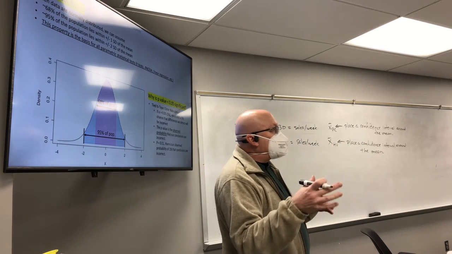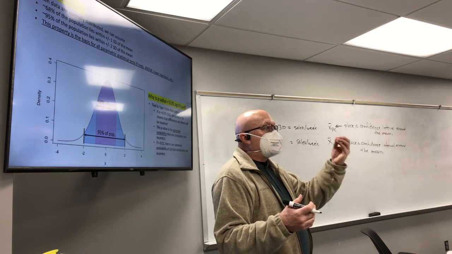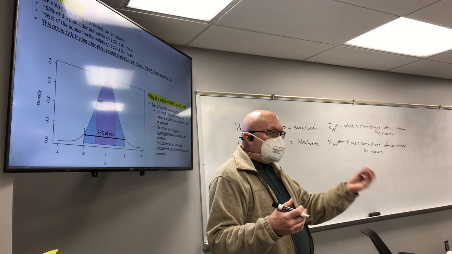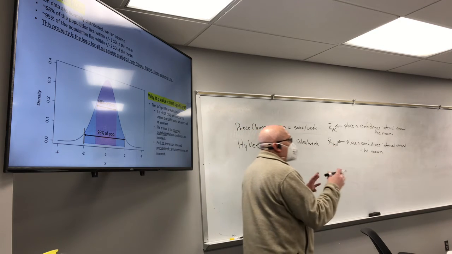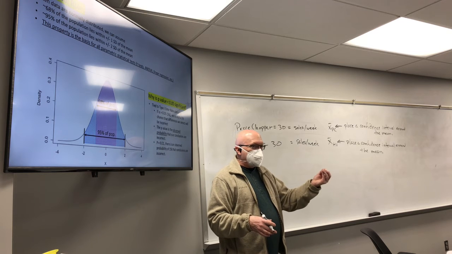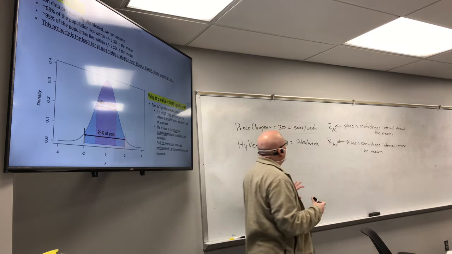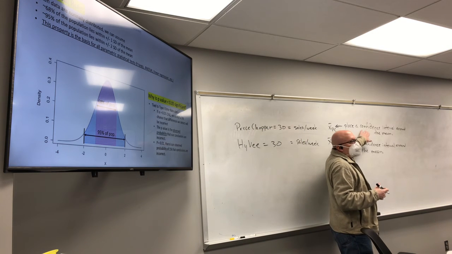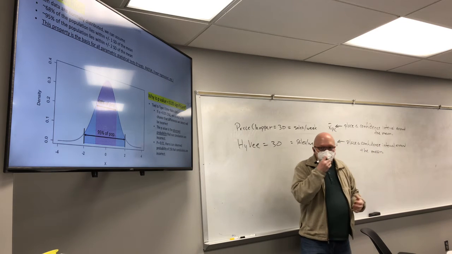The more variation there is from one Price Chopper to another, the harder it is to nail down what the true mean is, the true average is, because there's more variability. If all Price Choppers were exactly the same, it's very easy to nail down what the true average sales are. So that variability goes into affecting how much variation there is around the mean. That affects how big the confidence interval is.